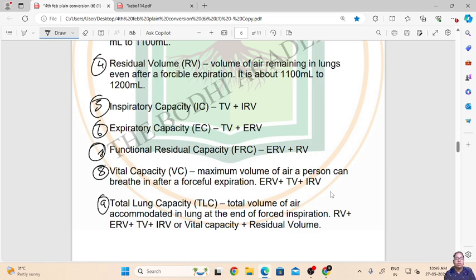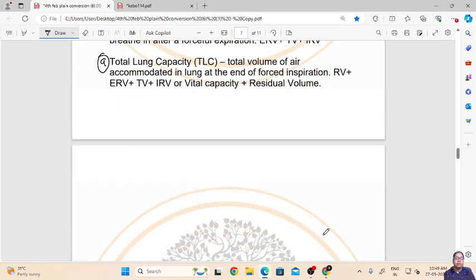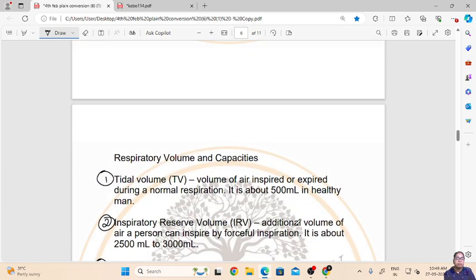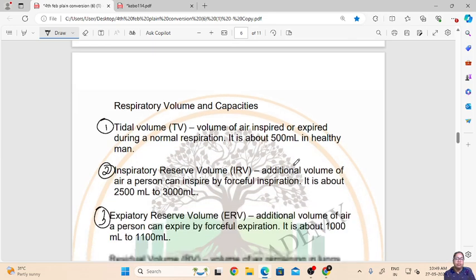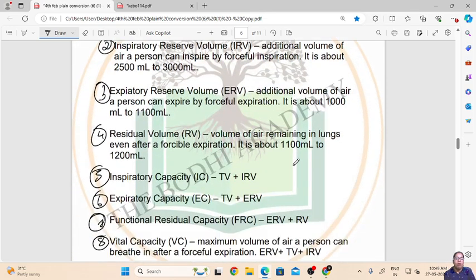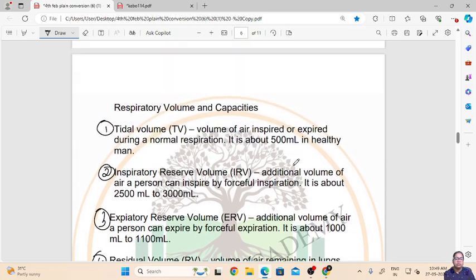Total lung capacity is the total volume of air accommodated in the lungs at the end of forced inspiration, that is RV plus ERV plus TV plus IRV, or vital capacity plus residual volume. So this is how the respiratory volumes and capacities can be calculated using these parameters.